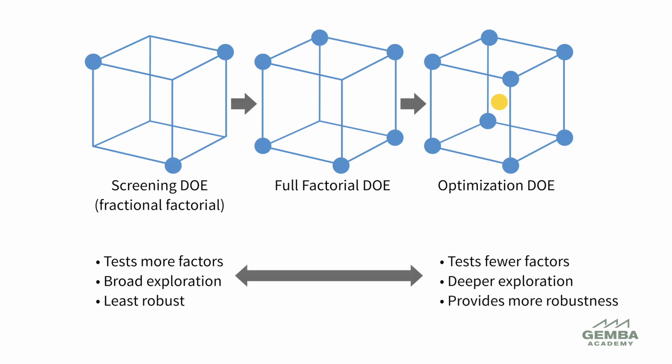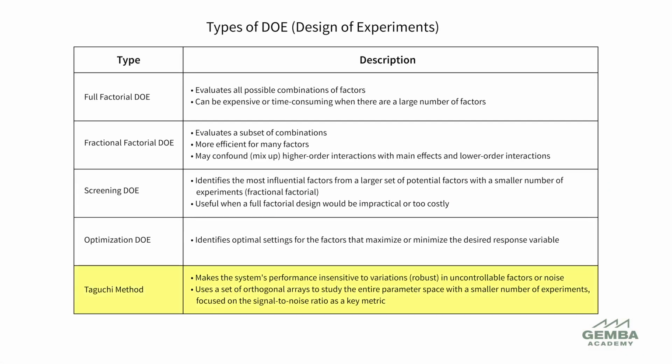In contrast, optimization designs involve fewer factors but are designed to deeply explore these factors' effects and interactions, providing a robust framework for understanding and achieving optimal conditions. Optimization designs are often a series of experiments focused on modeling the relationship between the response and key factors to optimize the response.